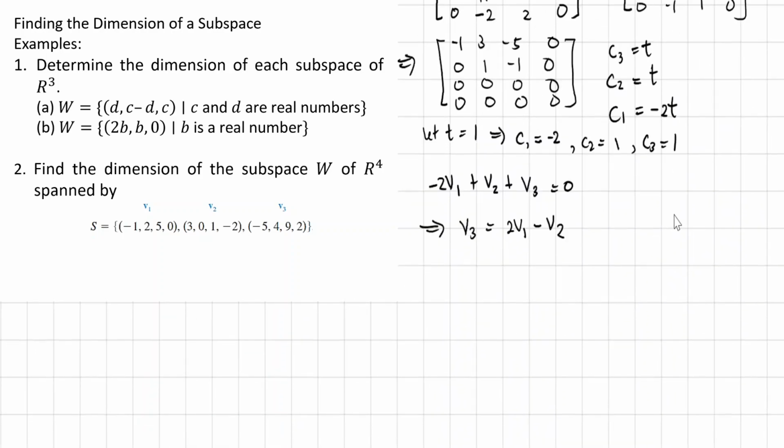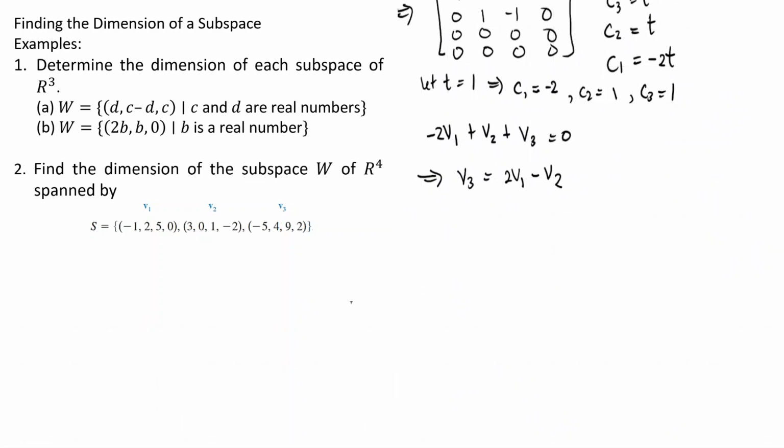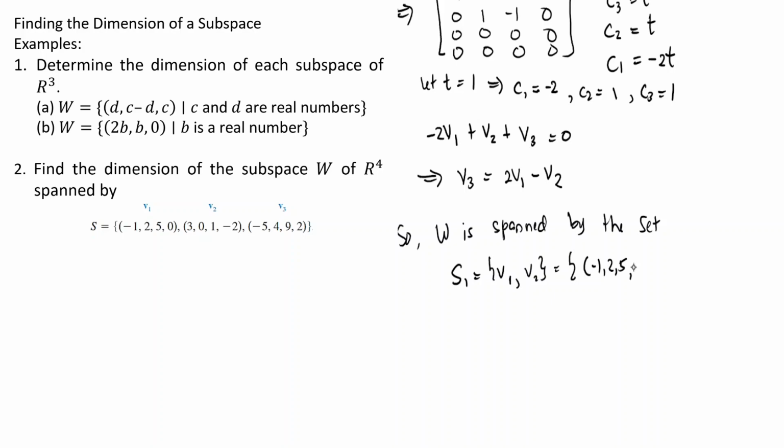So we say that W is spanned by the set S sub 1, which is equal to {V sub 1, V sub 2}. These are the vectors (-1, 2, 5, 0) and (3, 0, 1, -2).